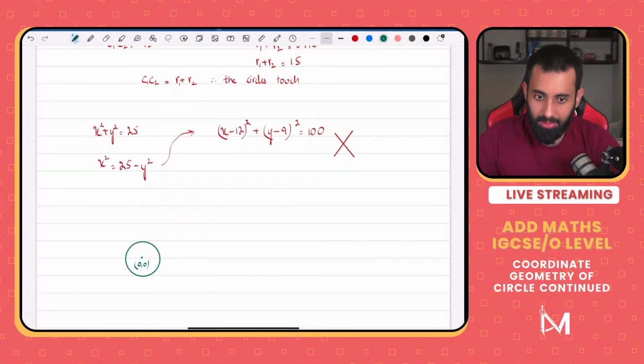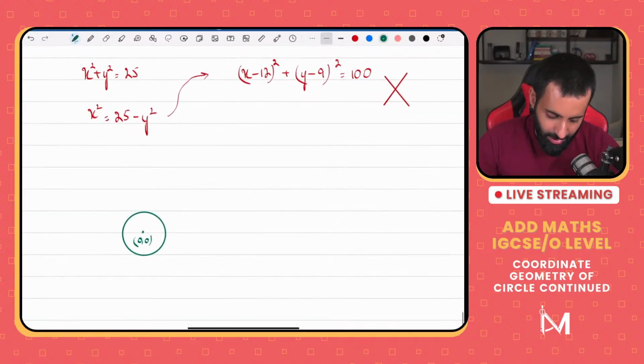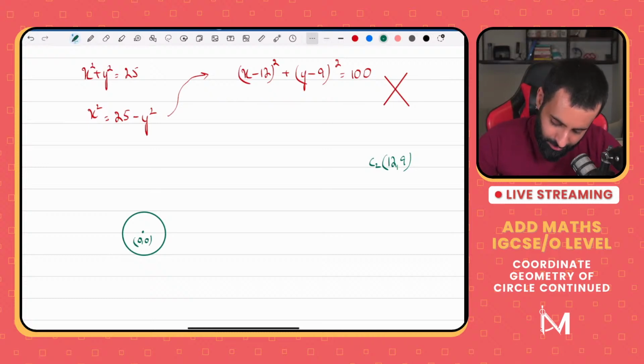Now we know that the other circle has center 12, 9. That means where will I find the other circle? It will be found somewhere over here. From the center of this circle, we will move 12 units to the right, and we will move 9 units up.